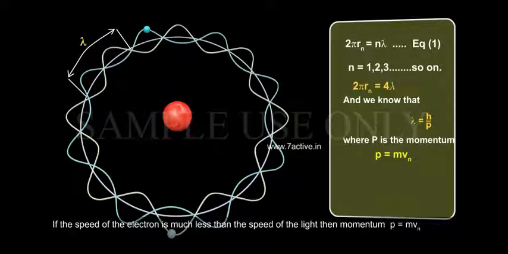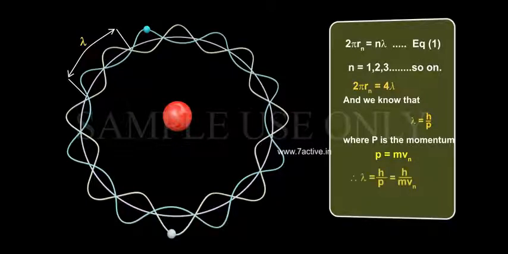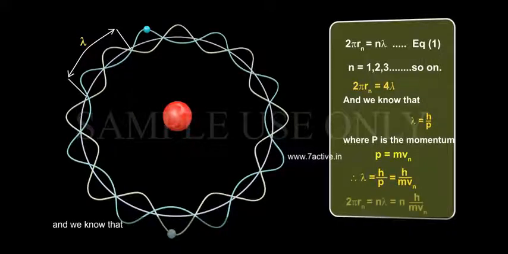If the speed of the electron is much less than the speed of light, then momentum p equals m v_n. Therefore, lambda equals h by p equals h by m v_n. And we know that 2 pi r_n equals n lambda equals n times h by m v_n.